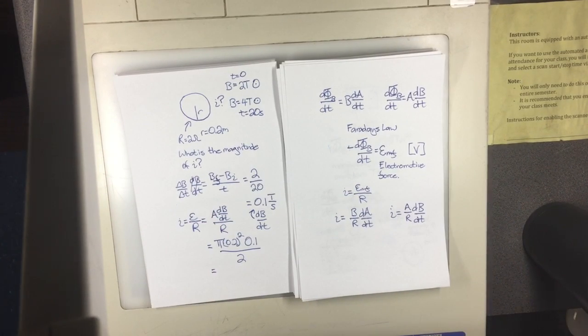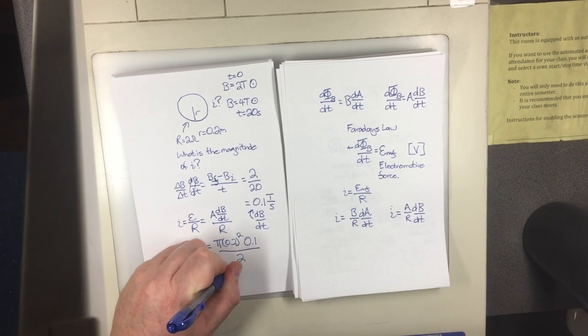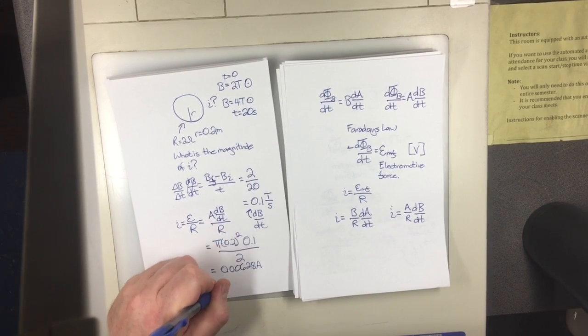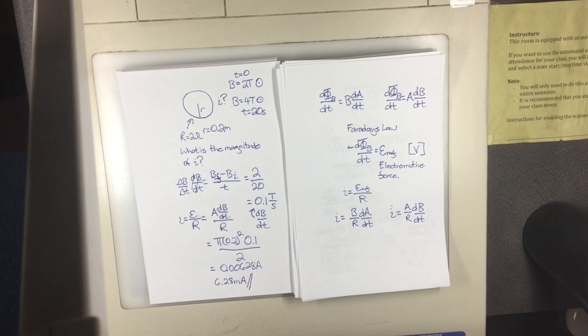So the current flowing through this thing is 0.00628 amps, or I'm going to say 6.28 milliamps, so that the number looks a little bit more current. So the current flowing through the resistor is 6.28 milliamps.